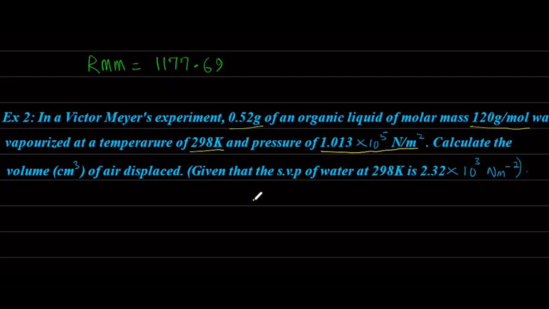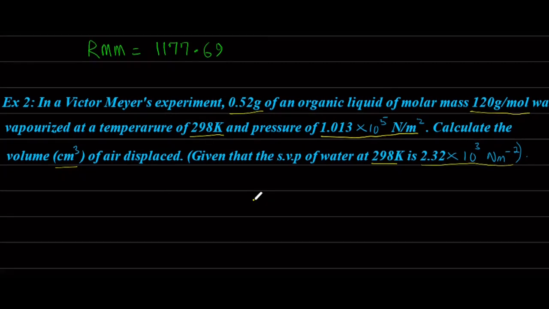Calculate the volume, and here was a condition for us to express the volume, which is in centimeter cube, of air that is displaced. Given that the SVP, that is the saturated vapor pressure of water at 298 Kelvin, is 2.32 exponential minus 3 Newton per meter square.